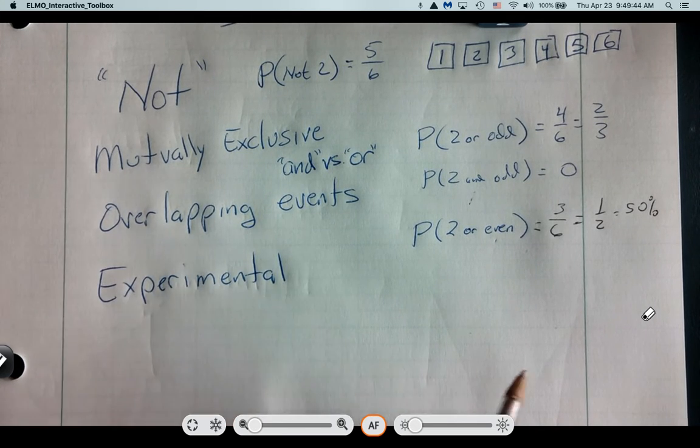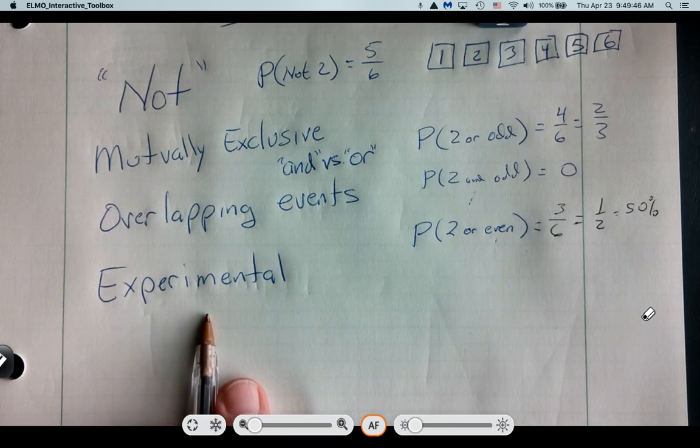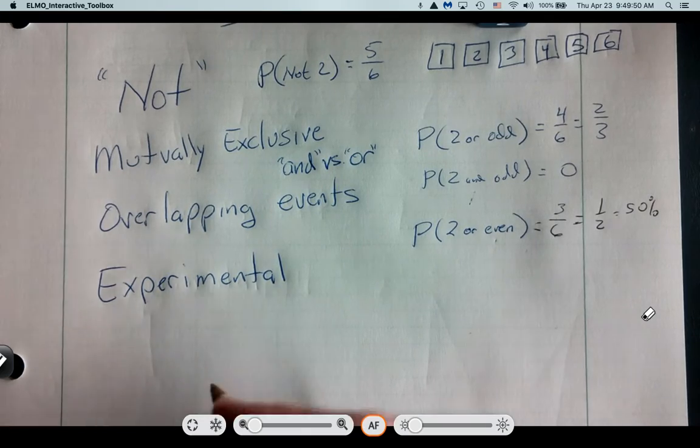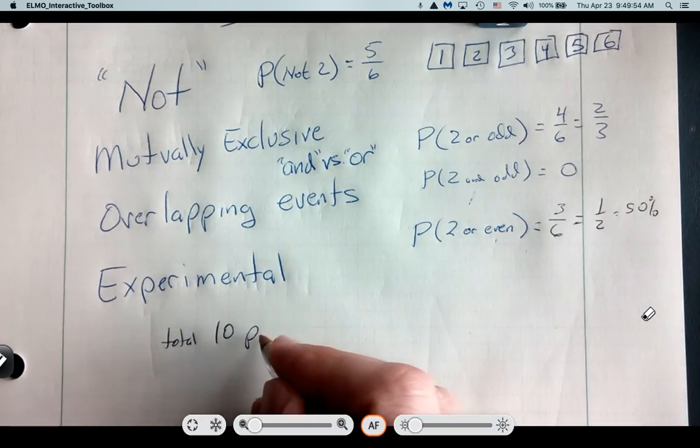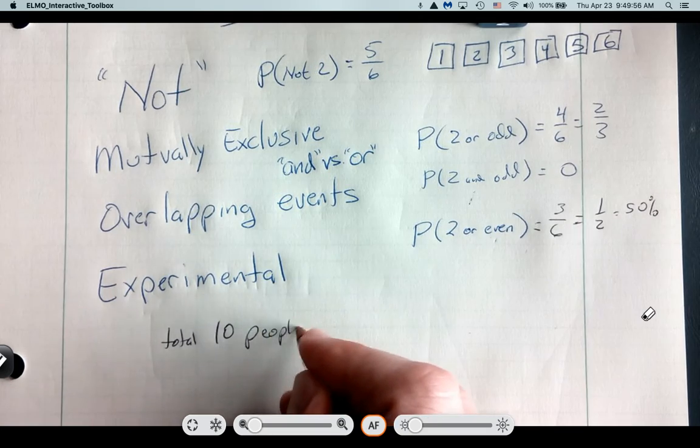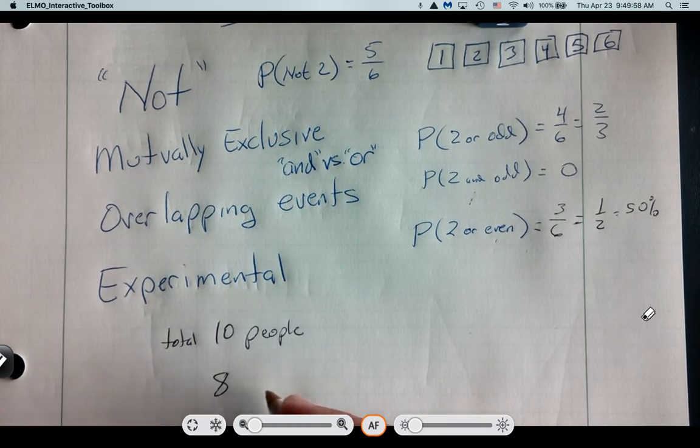For instance, let's say we had kept track of the last 10 people that had come into the store. So there was a total of 10 people that we kept track of. Of the last 10 people that came in the store, 8 were female and 2 were male.